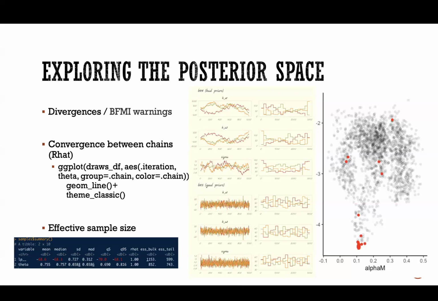If you want good estimates of the tails, then you're going to be wanting at least 1,000 sample size because the tails might be long. You don't know, right? And so you want really the sampler to be able to explore the tail space. Some people would say 200 and 200. Tails are tricky, right? If those are important for your model, make sure that you have a lot of effective sample sizes.